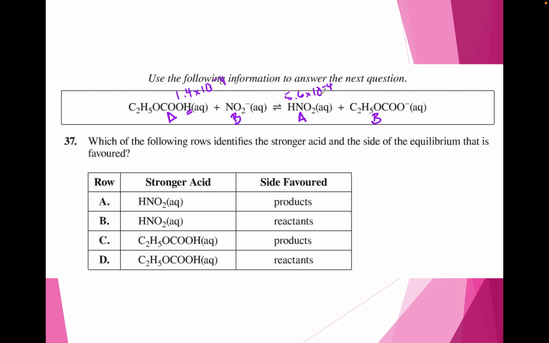So nitrous acid is higher on the table than lactic acid, so it is a stronger acid. So we can rule this out. HNO2 is stronger, and because it's stronger and it's on the product side, that means that it could drive the reaction towards reactants. So the answer is B. So whatever side your stronger acid's on will drive the reaction to the opposite side.